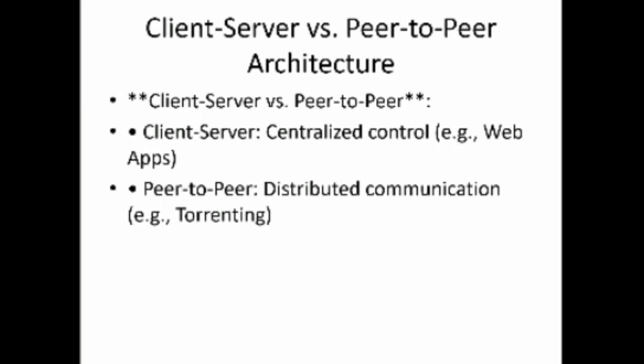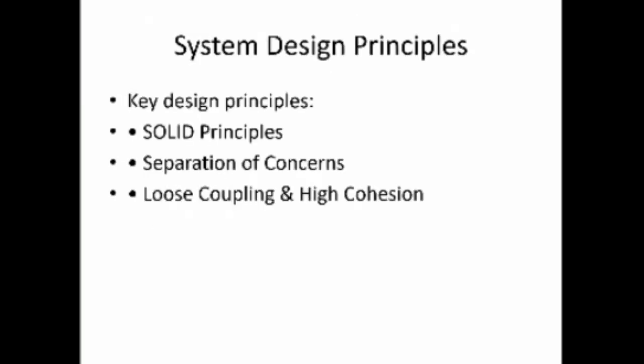For example, if I share something through Bluetooth, I'm the server and the recipients who are receiving the data are the clients. So here client server means one server and many clients. But peer to peer is like point to point. Both systems can act as both the server and client.